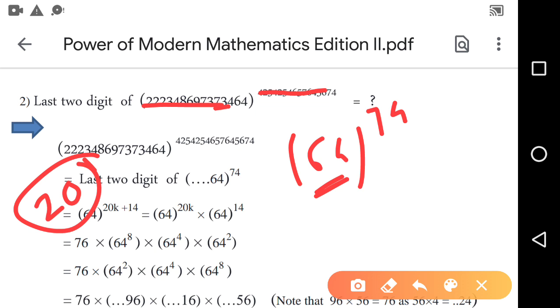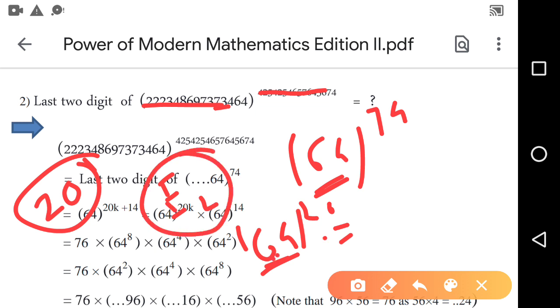So 64 raised to 74: 64, an even number, raised to 20 ends with a neutral number, but since it is even, it ends with an even neutral number, E2, which is 76. So 64 raised to 20 is 76.